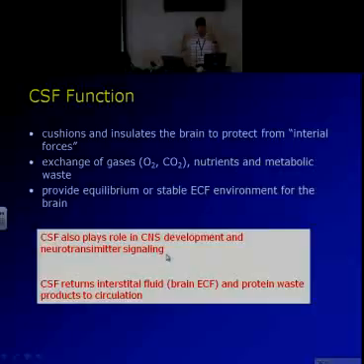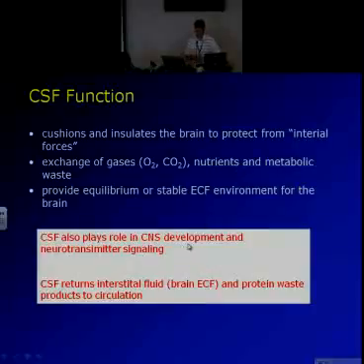It gets absorbed within the ventricular walls, but it also gets absorbed within the arachnoid space. And so some of the discussion is that in some of the localized areas, it may talk to different spots or facilitate some level of signaling as well. So it isn't just a static H2O fluid, for lack of a better word, if you will.